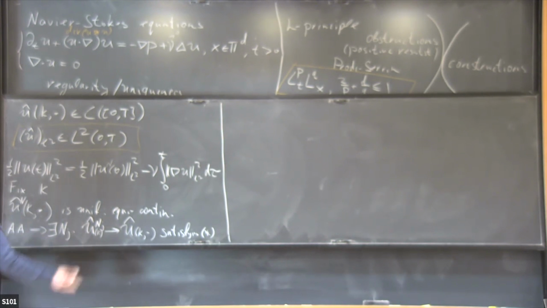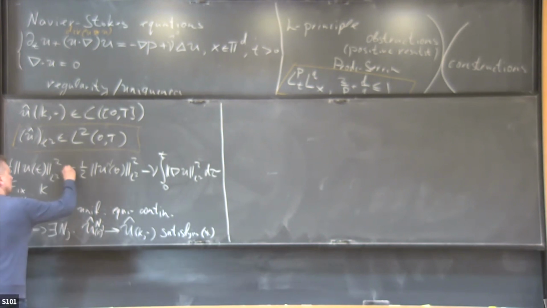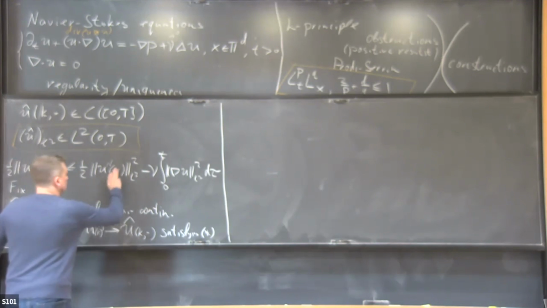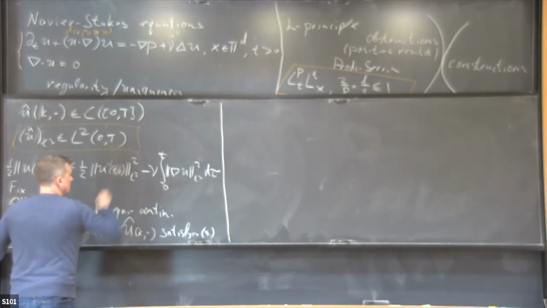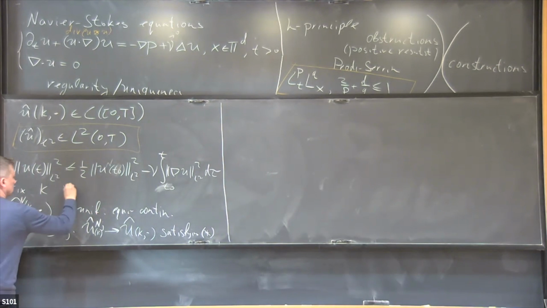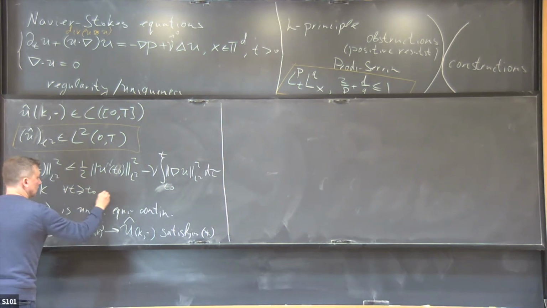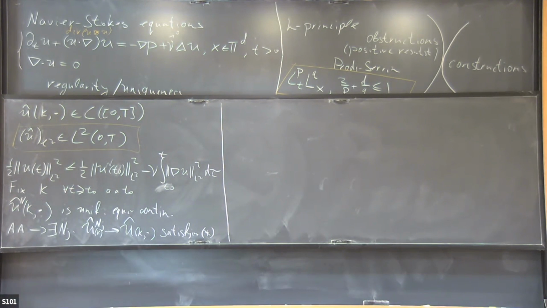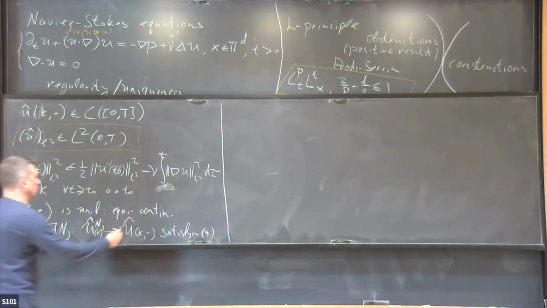So norms can drop in general, and you get an inequality. But you can do this starting not just at 0, but starting from t0. So it's true for any t larger than t0, for almost all t0. And such solutions are called Leray-Hopf.